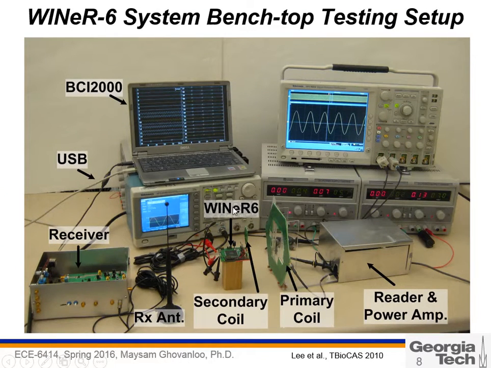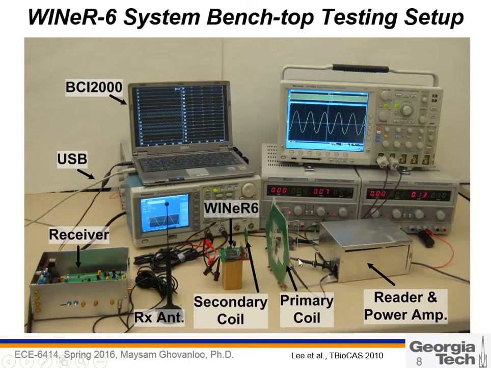So back to the test setup. Here we have the inductive powering. This is the power amplifier to drive the inductive power transfer at 13.56 megahertz, while the data transfer is conducted at 900 megahertz.